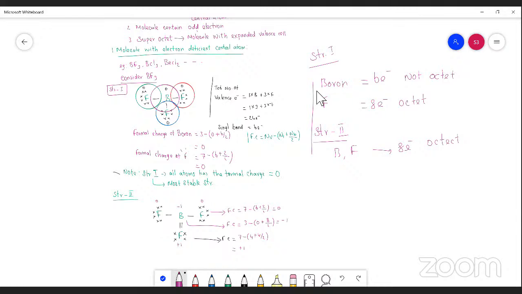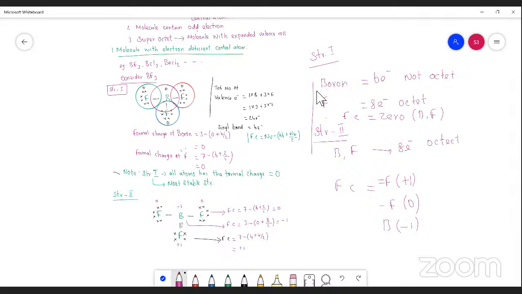And in structure 1, the formal charge becomes 0 for boron and fluorine. And in structure 2, the formal charge for the doubly bonded fluorine is plus 1, the single bonded fluorine is 0, and for boron it is minus 1.